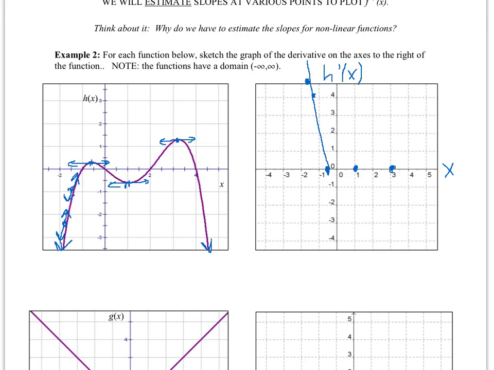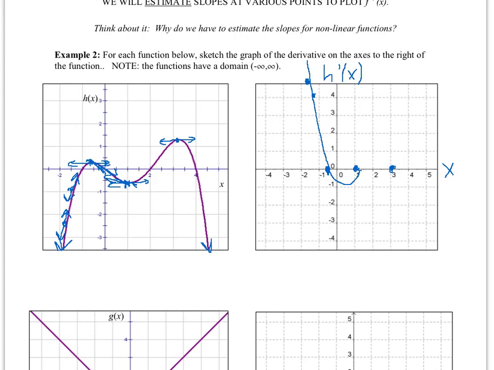In between negative 1/2 and positive 1, I've got negative slopes that become more negative, and then they kind of flatten out, and then they become less negative. So more negative, and then less negative. That should come back up and touch that point.